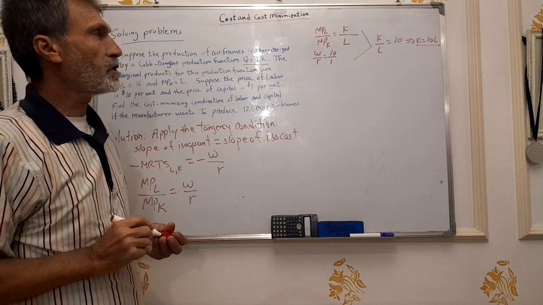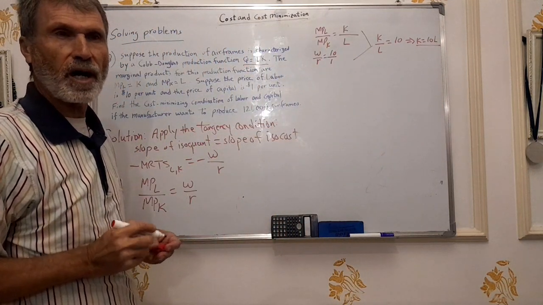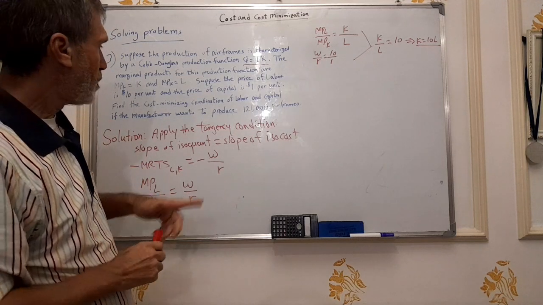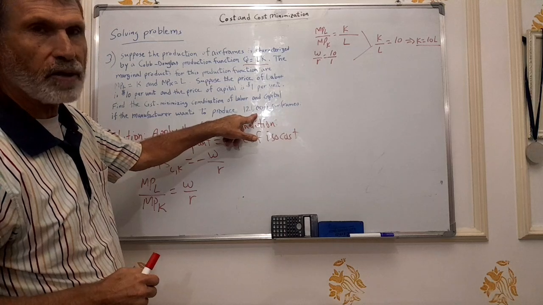Okay, next we notice that the input combination must lie on the isoquant for the production of 121,000.